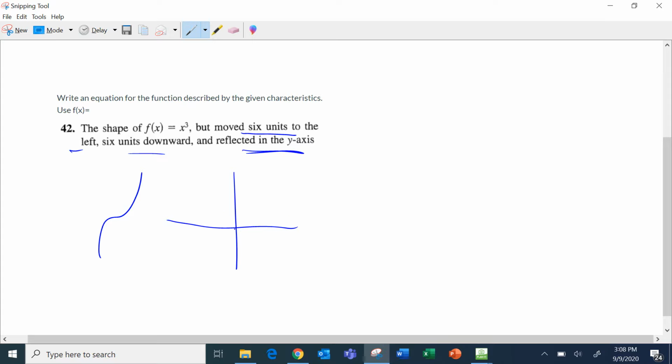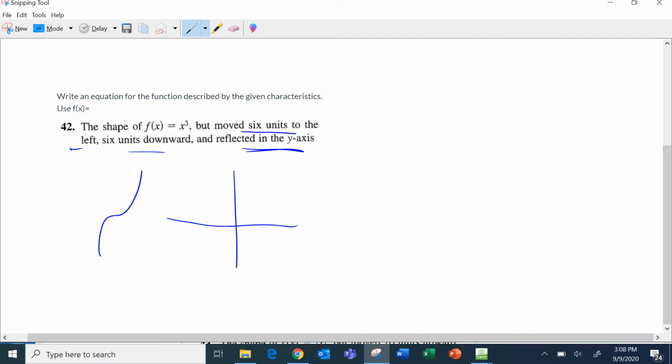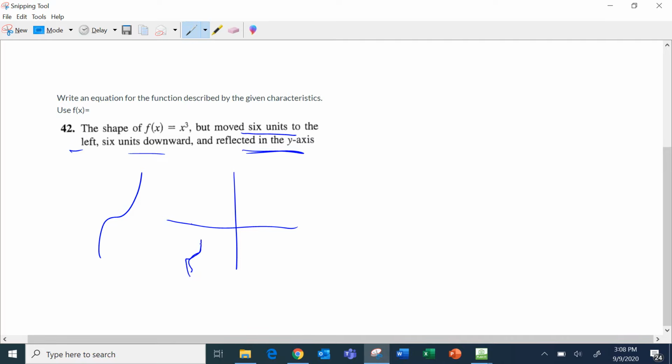Some people were taking that shape, moving it 6 to the left, 6 down, and then when you reflect it in the y-axis, it ends up being over here. And they were telling me the equation for this. But that's not really what they were trying to ask. They were asking more like, it's moved over here, but it has the reflection, so it's facing down.